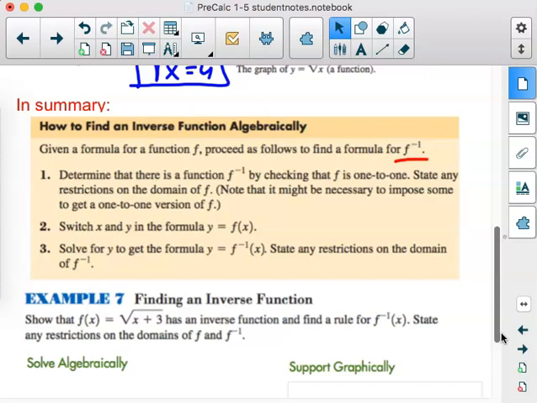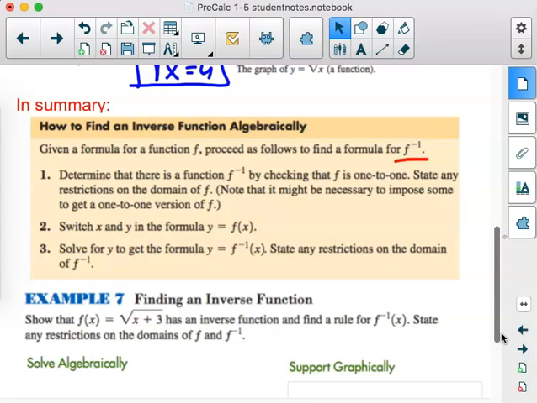Then state any restrictions on the domain. Like in the last one, we couldn't use the whole thing. It might be necessary to impose some restrictions, to say, only use this part of the graph. Here's my new domain, my new x's. We want that one-to-one version. Switch the x and the y in the formula, solve for y, make sure you use the new notation, and state any restrictions on the domain of the inverse.